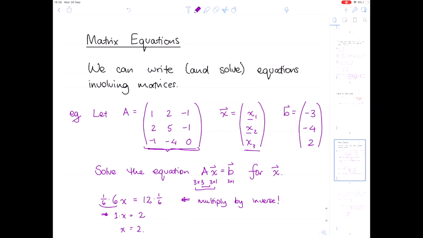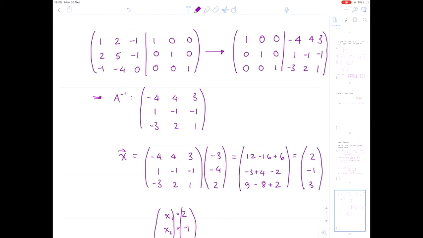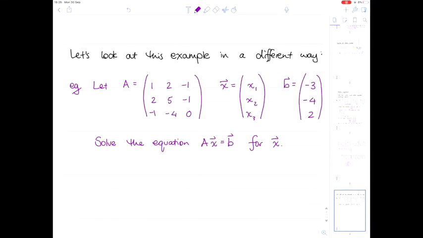But this might seem vaguely familiar, and in fact we can look at matrix equations in another way, which will make the link to solving systems of linear equations. So let's think about what we could have done. We found the inverse of matrix A, and so multiplied on the left of both parts of this equation to find x.